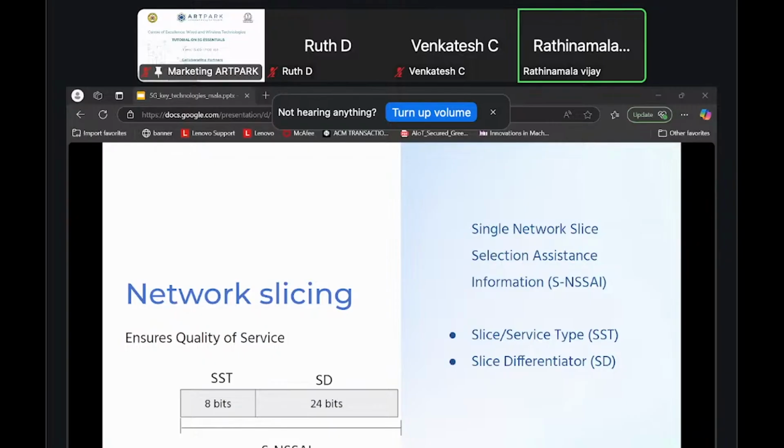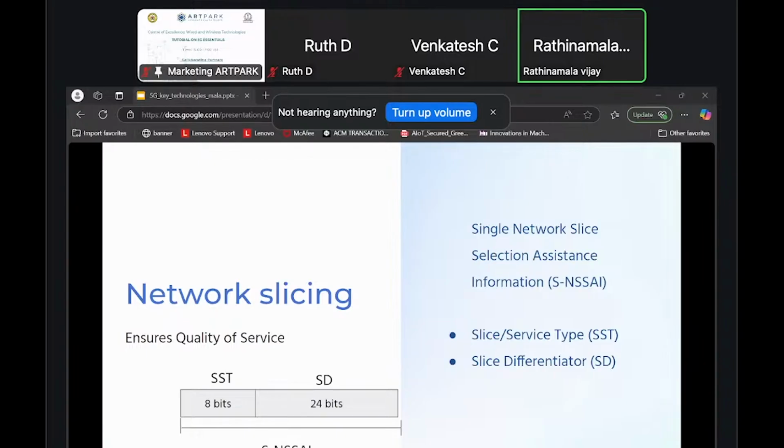And for slice types, the major types we have discussed are only 3, but there is also room for supporting a larger number of slice types, which has 8 bits, right? So it's 255. You can support more slice types other than your eMBB, URLLC, and mMTC, the ultra reliable low latency cases.